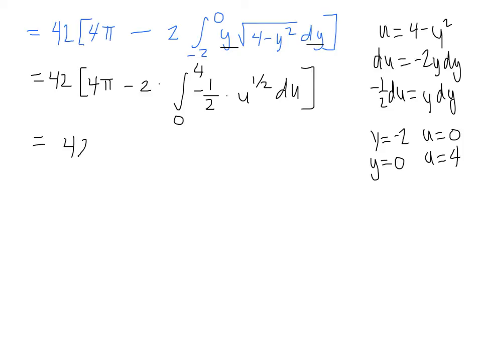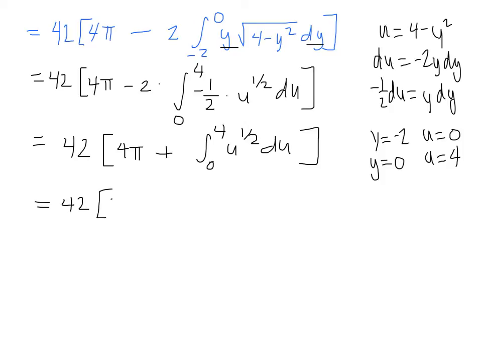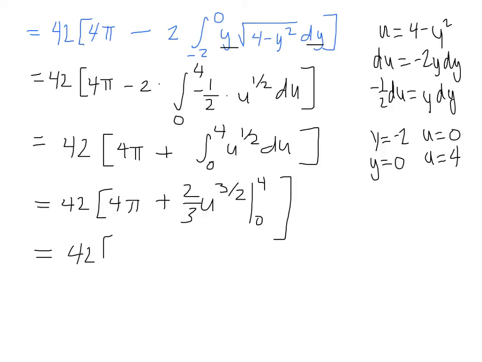So I have 42 times 4 pi plus the integral from 0 to 4 of u to the 1/2 du. So that gives us 42 times 4 pi. The antiderivative of u to the 1/2 is u to the 3/2 times 2/3, evaluated from 0 to 4.